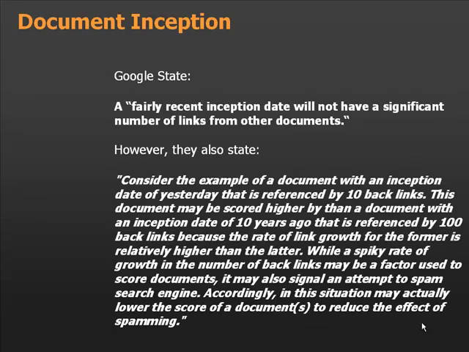Okay, Google states a fairly recent inception date will not have a significant number of links from other documents. So what this is really saying is, if your web page is a couple of weeks old, a couple of months old, Google does not expect a great number of backlinks.